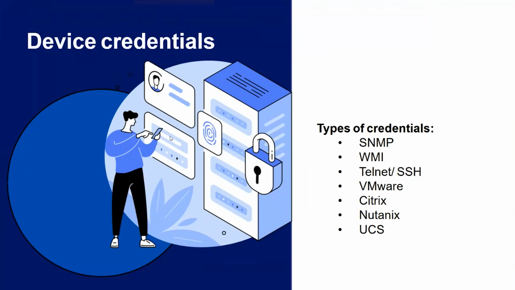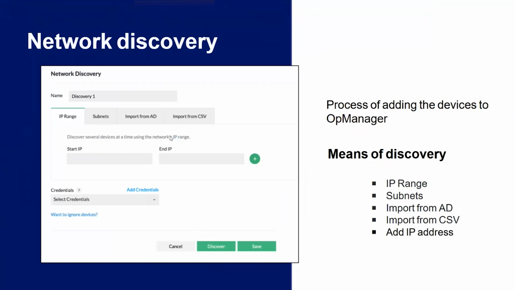So we have various types of credentials which you can configure. OpManager is basically an agentless monitoring tool, and we use all these credentials to fetch and monitor the various metrics, and we will be covering how to configure these credentials in OpManager.